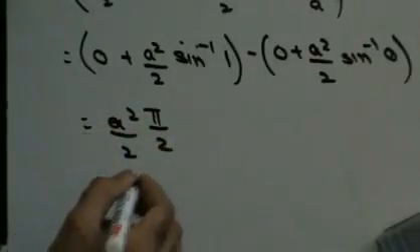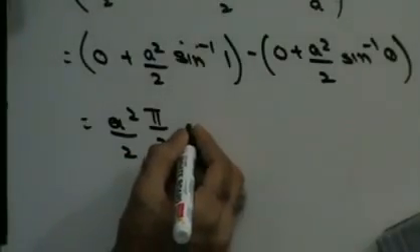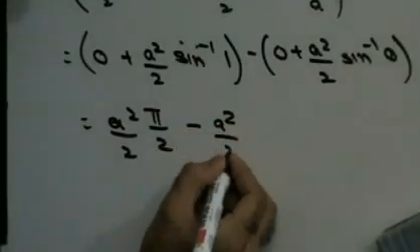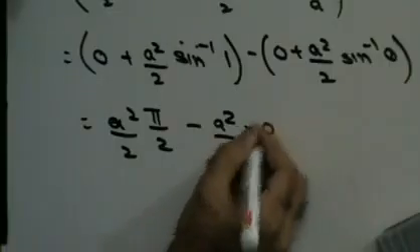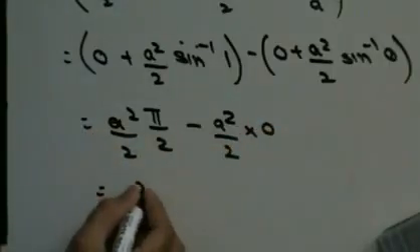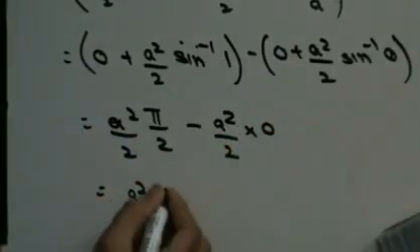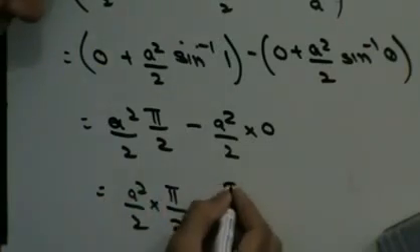We know that sine 90 is 1. So, sine inverse of 1 is nothing but 90, which can be written as pi by 2, minus a square by 2 sine inverse of 0, which is 0. So, this is going to be a square by 2 into pi by 2, which is pi a square by 4.